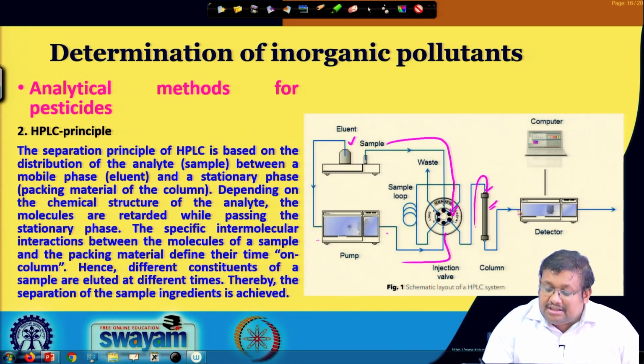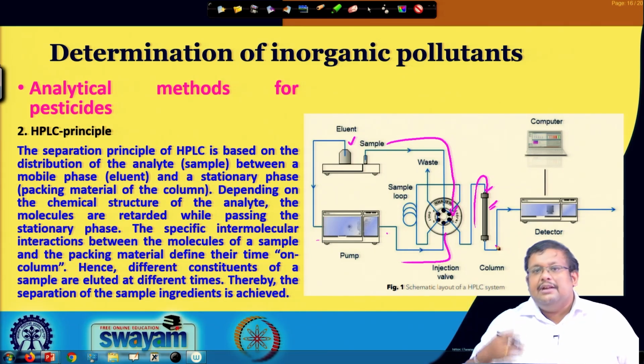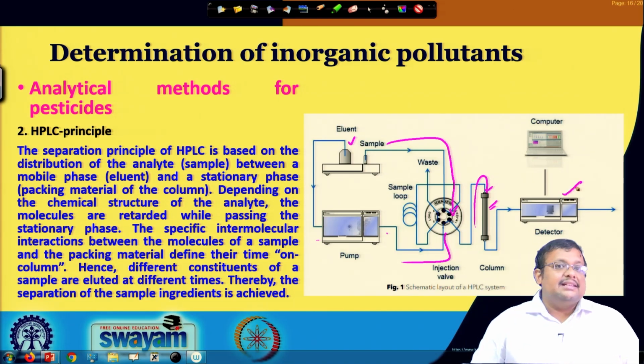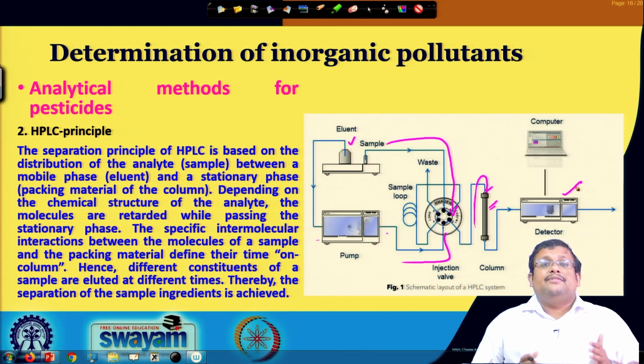Based on the sample interaction with the stationary phase, they will have either higher or lower affinity to the stationary phase. So, they will elute at different times, and therefore, they will be detected just like in gas chromatography.